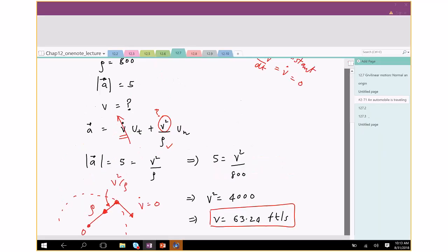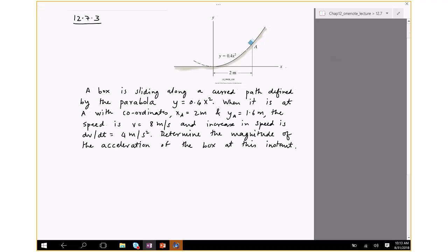Let's see if we can solve this one. A box is sliding along the curved path defined by the parabola y equals 0.4x squared.